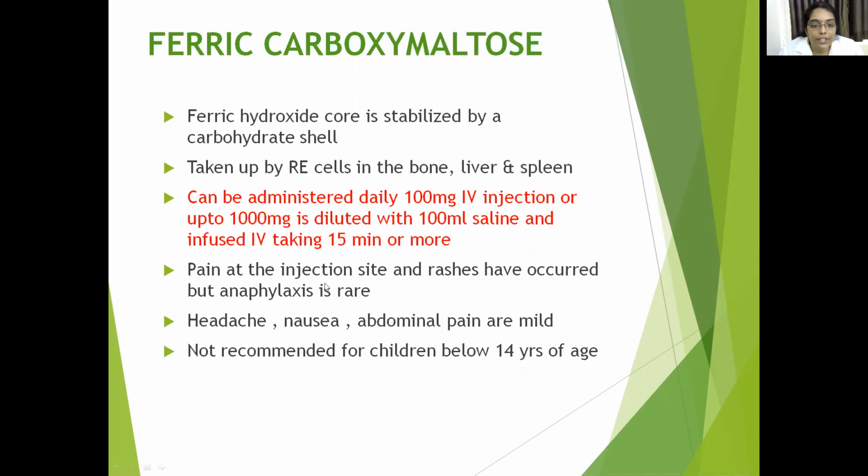Adverse effects are pain at the injection site and rashes, but anaphylaxis is rare. Again, anaphylaxis risk is less here. Headache, nausea, abdominal pain are mild. This is also not to be given by the IM or SC route. It is not recommended for children below 14 years of age because of lack of data.